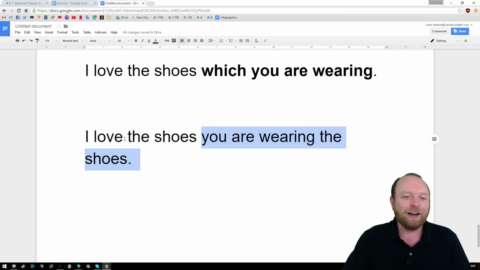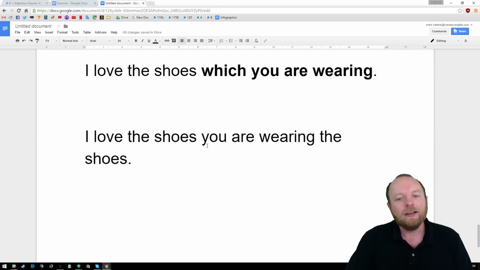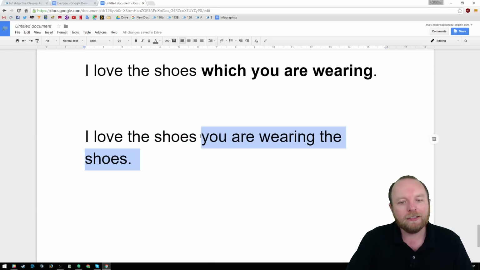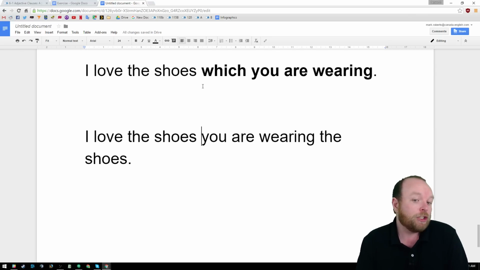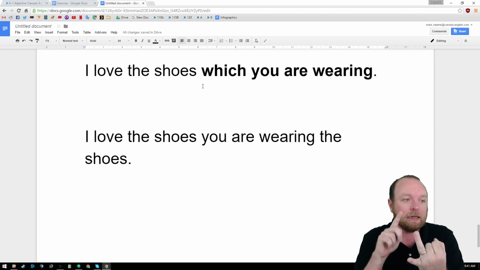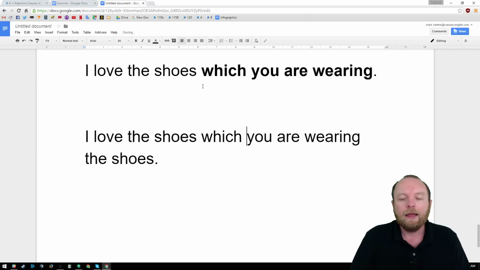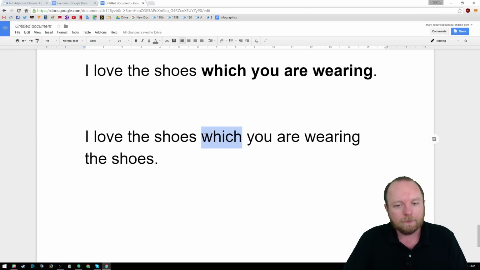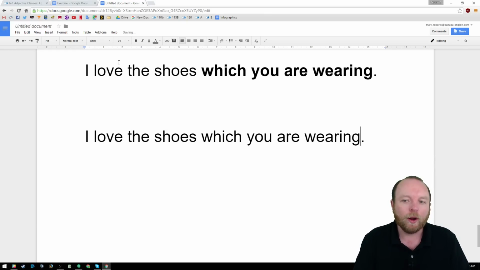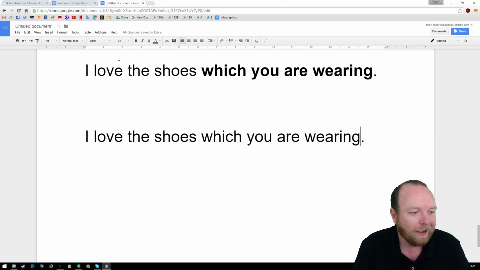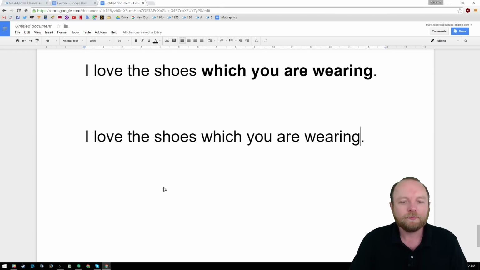It's strange because we have the shoes two times. So remember, adjective clauses need a relative pronoun. Shoes is a thing, so we need that or which. Let's use which. And this means the shoes. But this which is talking about this one right here, so now we can erase this. I love the shoes which you are wearing.